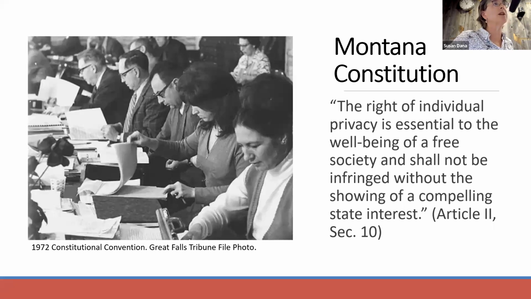There you have those magic words again. The compelling state interest says this is the highest possible right, and a state can only regulate it if it has a compelling state interest to do so, and that its method of regulation is as narrow as possible to accomplish its purpose. So that's very good, strong language. The downside is it doesn't explain what is covered.